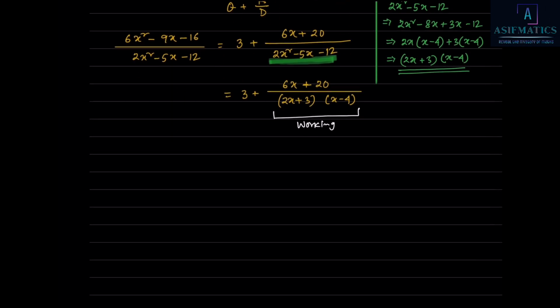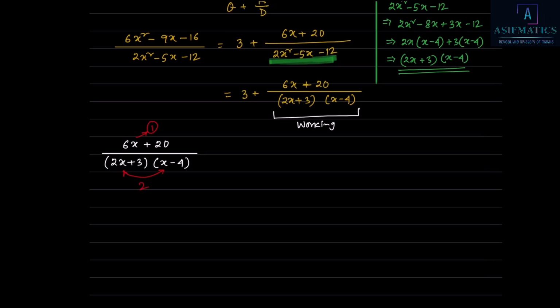Because this part is now a proper fraction. Whenever you have done your long division, whatever R by D result is there, every time it will be a proper fraction. Look at this one. We have 6x plus 20 divided by 2x plus 3 into x minus 4. The power of x in numerator and denominator is 1 and 2: here this is 1 and here this is 2.